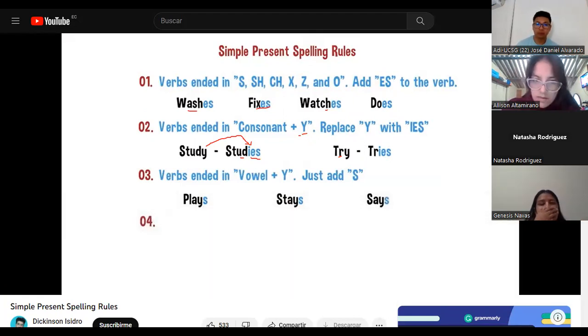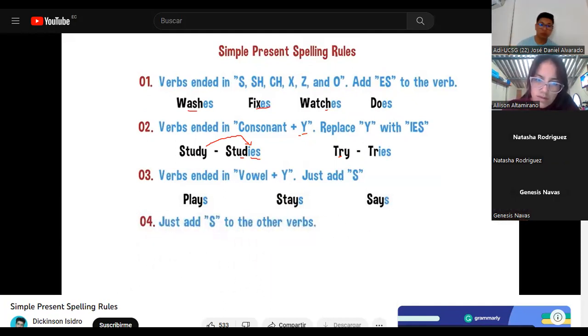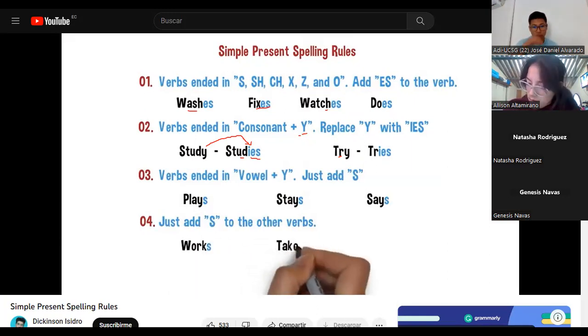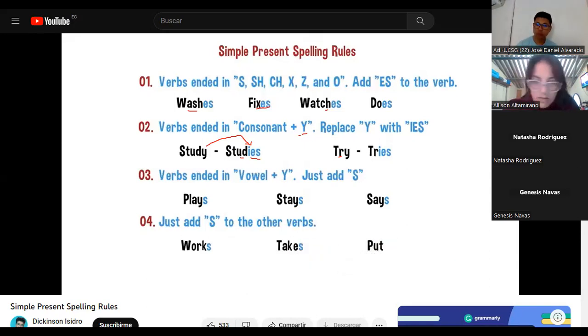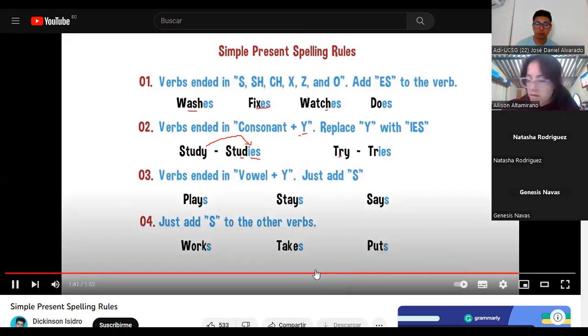Rule number 4. Just add S to the other verbs. Work, works. Take, takes. Put, puts. Exception. Replace have with has.